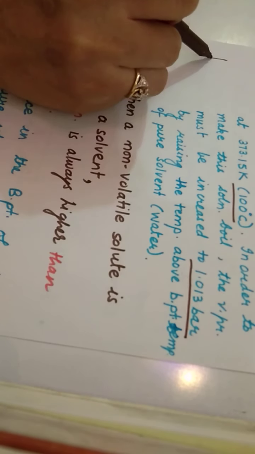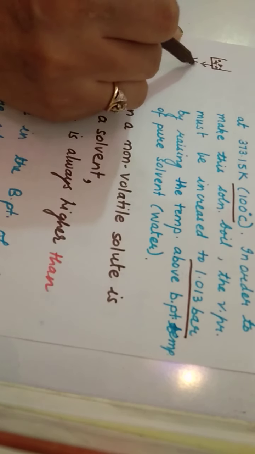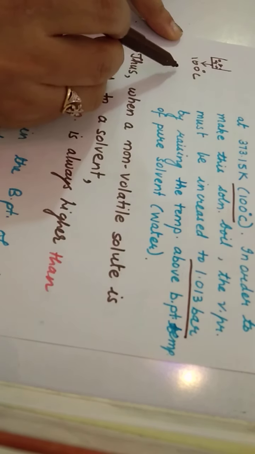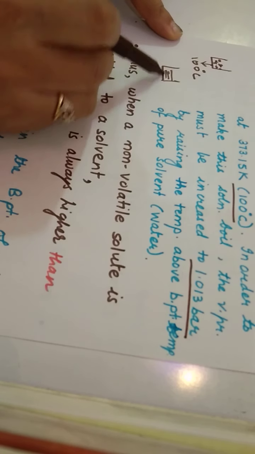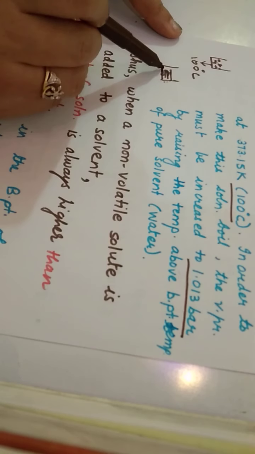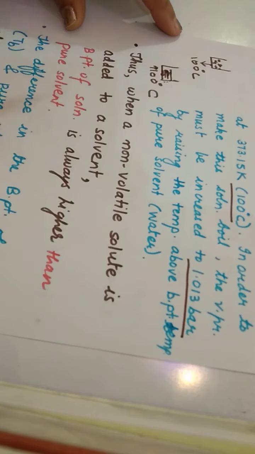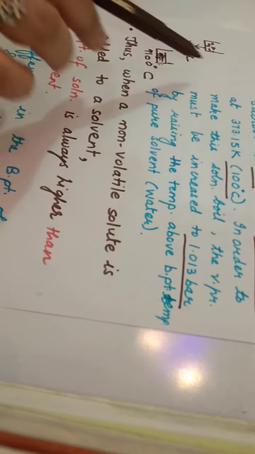Here you have a container with only water, pure solvent, so the boiling point is 100 degrees Celsius. But if you have a solution having sucrose and water, that is pure solvent and non-volatile solute, then you have to raise the temperature above 100 degrees Celsius to make the solution boil, because here we have a non-volatile solute which does not vaporize easily. So the boiling point of the solution will always be higher than the boiling point of the pure solvent.